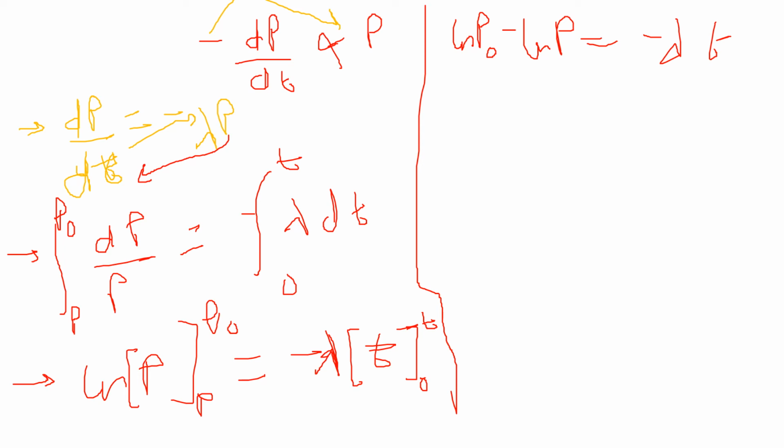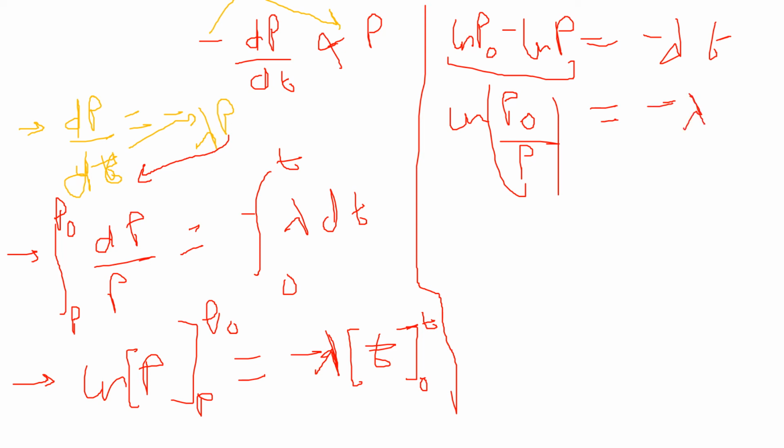So using the law of log, we can also write this as ln of P naught divided by P. This is a whole single term. Then here we will write minus lambda T. Now minus is very important. It will help in understanding the graph. Okay, so now we will take exponent both sides.